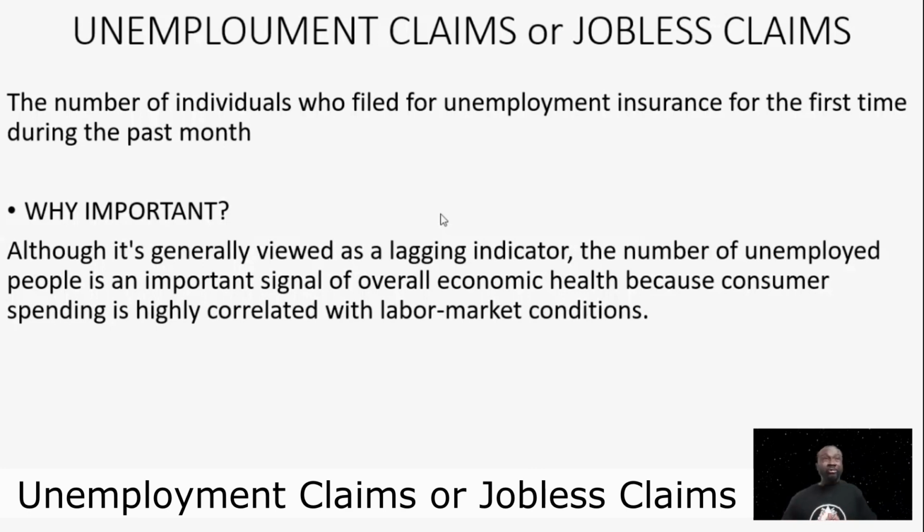If people are losing their jobs, and we already have people looking for jobs, more people will be unemployed and the unemployment rate will increase. So even though it's a lagging indicator, it signals that the economy is not doing too well.